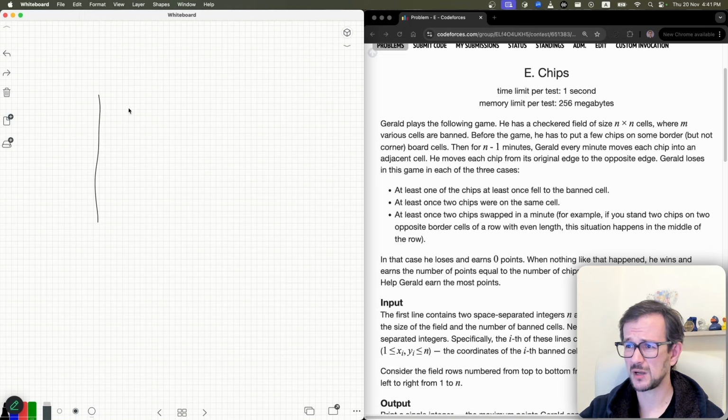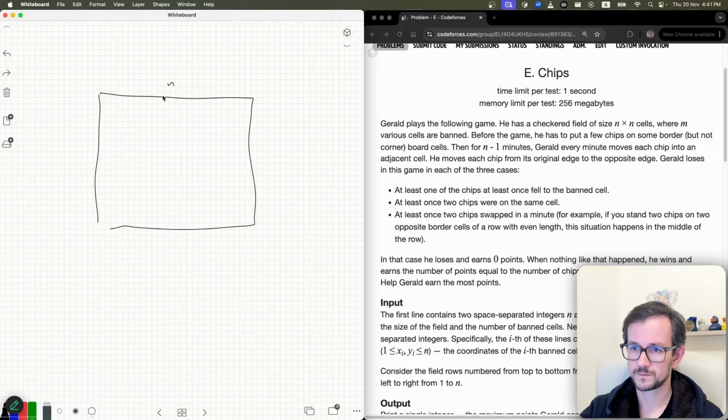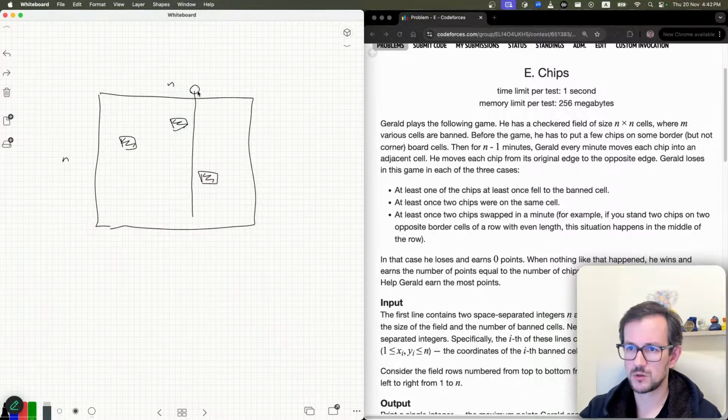We have some checkered field, basically a board of size n by n. Some cells are banned. We want to put some chips. We put some chips, and the chips move to another side of the board.